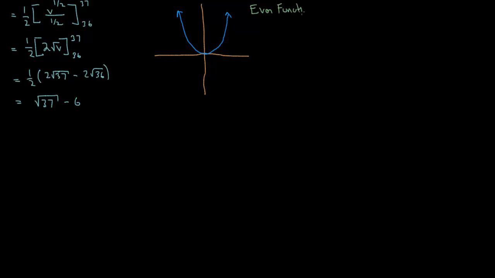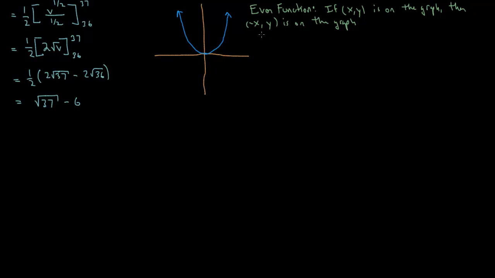Graphically, if x comma y is on the graph, then negative x comma positive y is on the graph.